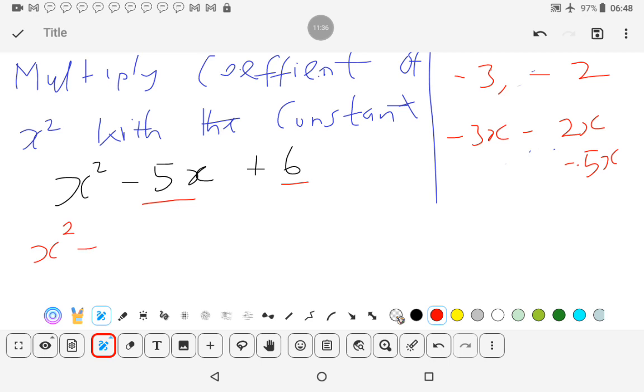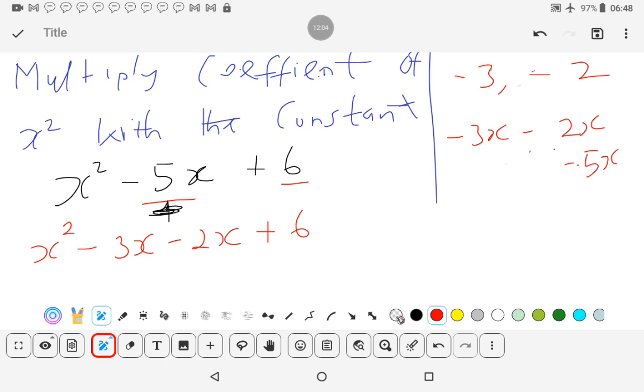We said our two numbers are minus 3x and minus 2x. If you add them, it will give you this minus 5x at the middle. So that is why we write it this way. Then plus 6, your constant, plus 6.